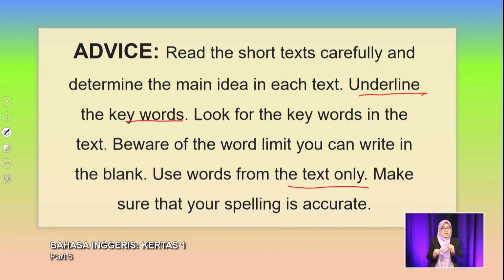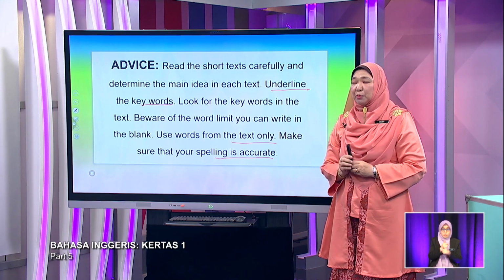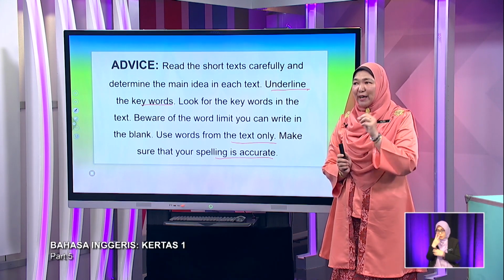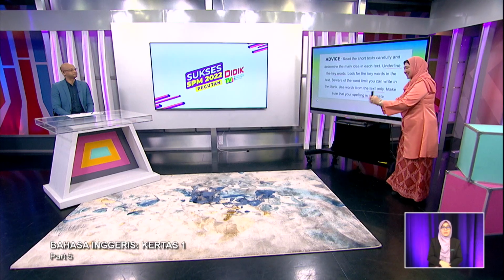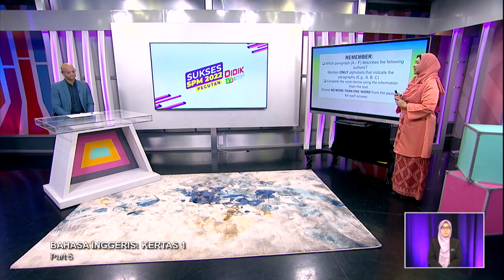Don't use your own interpretation. And one most important thing that you need to know is to make sure spelling is accurate. Accurate spelling. Meaning you copy and paste from the text to the question.